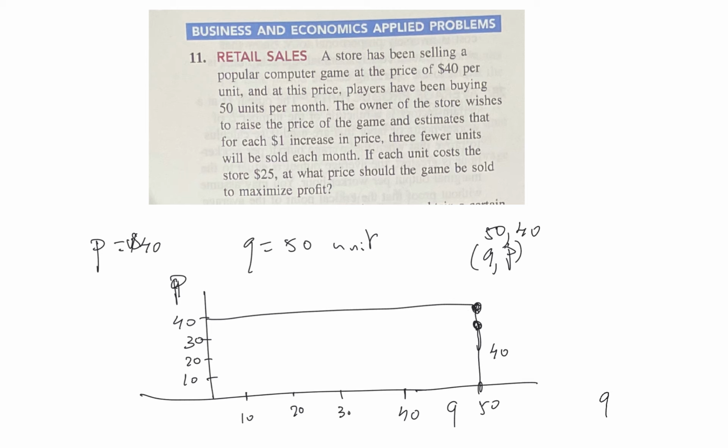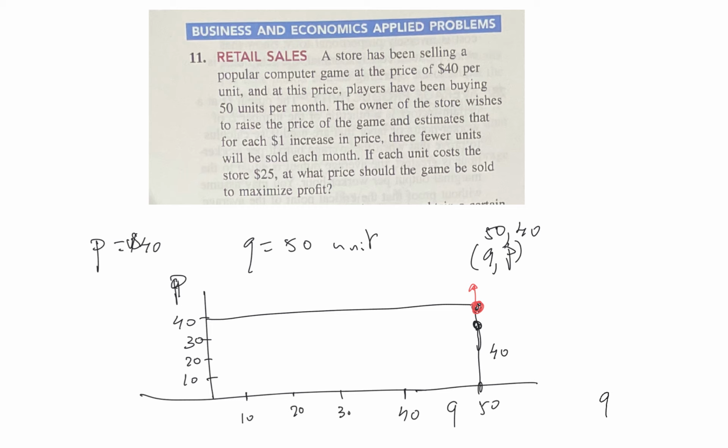Okay, 50 is the quantity. The owner of the store wishes to raise the price. He is at this point and wants to raise the price. He estimates that for each $1 increase, if he goes to 41, the quantity will decrease by 3 units.